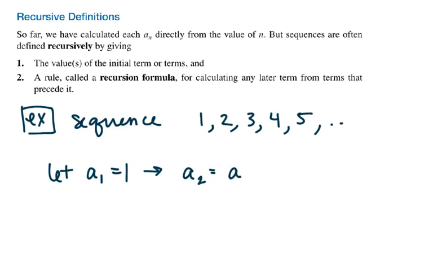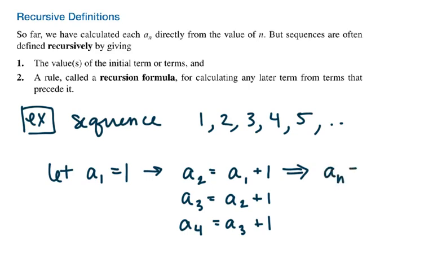So a sub 2 is a sub 1 plus 1. A sub 3 is a sub 2, which is 2, plus 1. A sub 4 is the previous term, a sub 3, which is 3, plus 1. So that allows me to create a recursive sequence, a sub n equals the previous term, a sub n minus 1, plus 1.